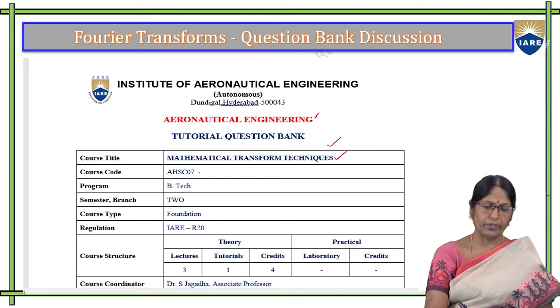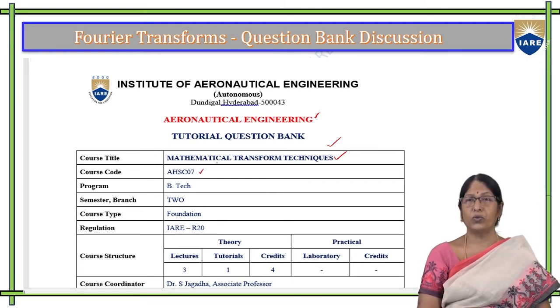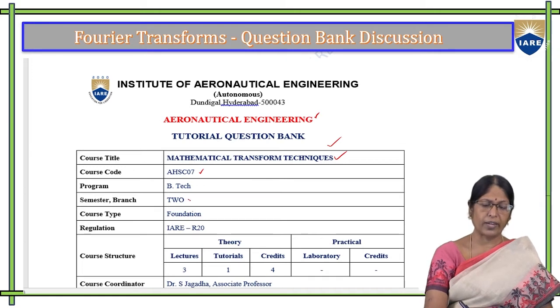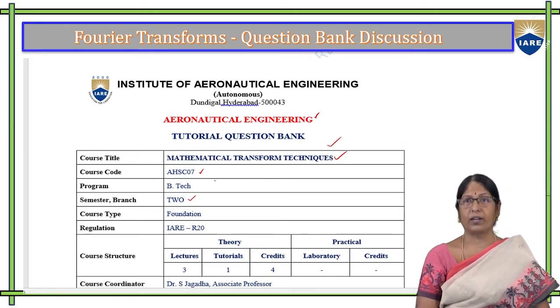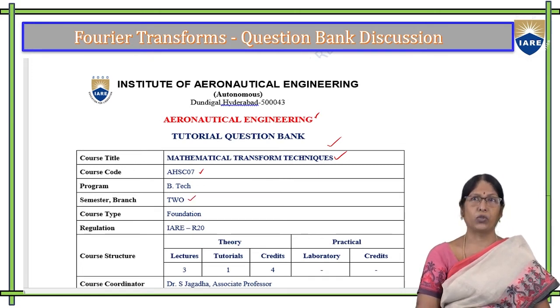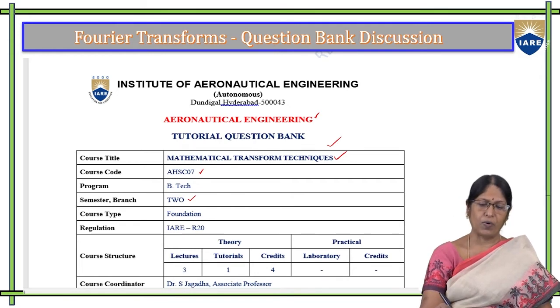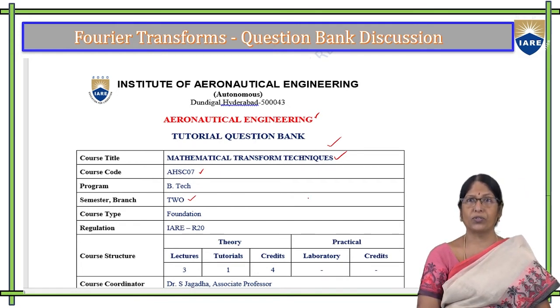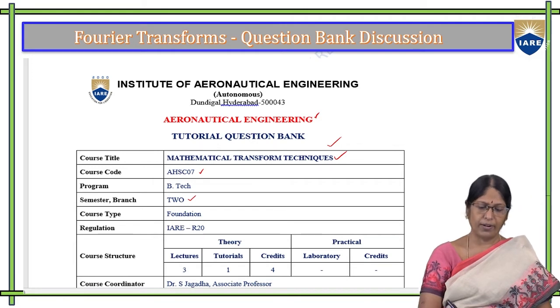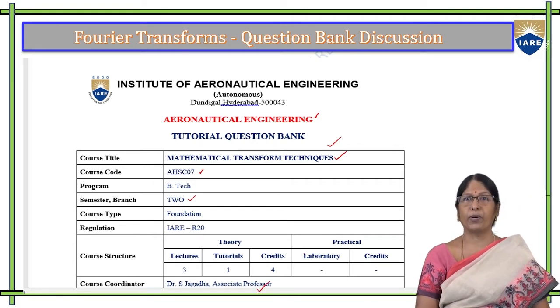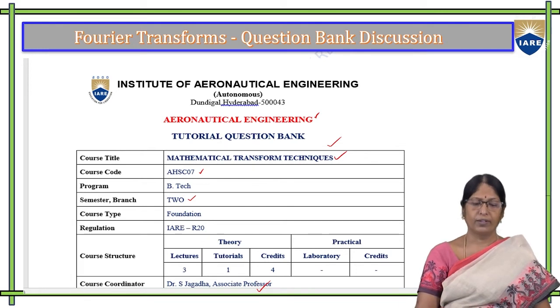The course code is AHSC07, and this syllabus is taught in the second semester. This example is prepared by Dr. S. Jagadha, myself, Associate Professor. This is the complete syllabus under the UG 20 regulation.